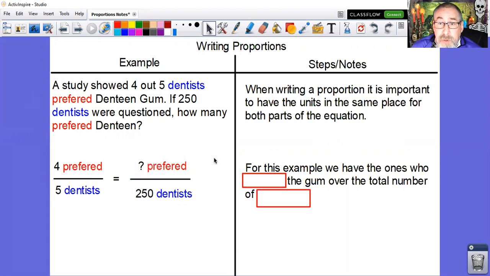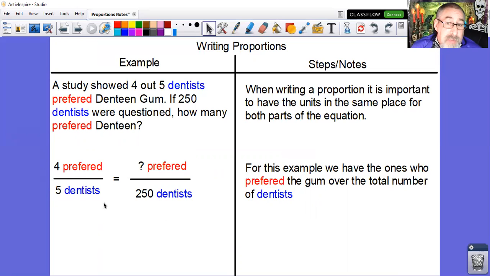And then our problem has 250 dentists were questioned. How many preferred dentin? So we don't know the preferred amount, but we do know that there's 250 dentists total. So we need to make sure that our preferred and our dentists are in the same position on either side of the equal sign.